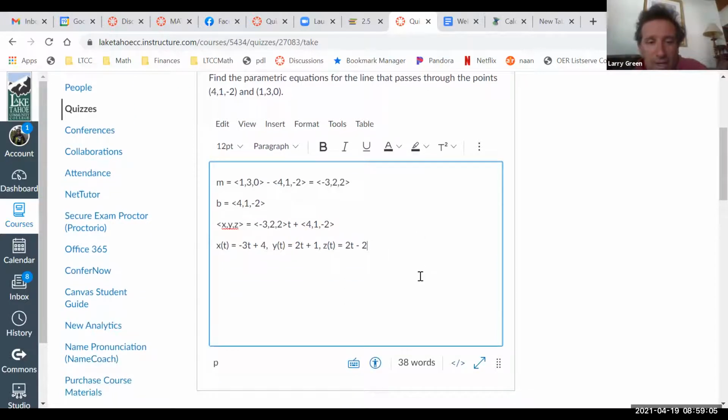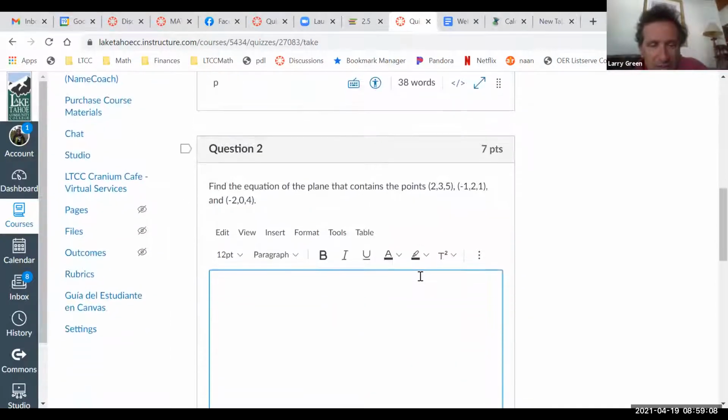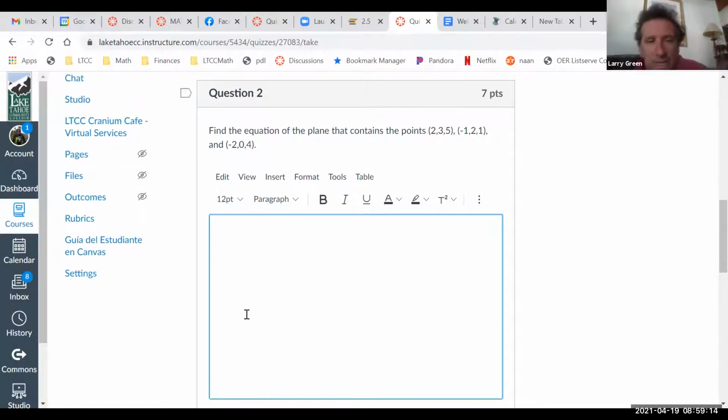Okay, now let's move on to question 2. Question 2 is find the equation of the plane that contains these 3 points. So to find the equation of a plane, we need to find 2 vectors on the plane. And how do we find 2 vectors on this plane?